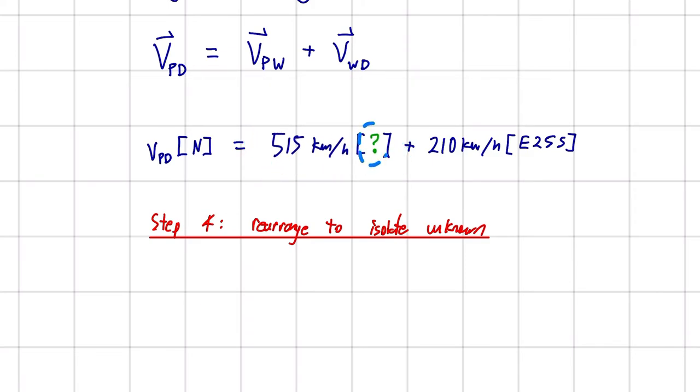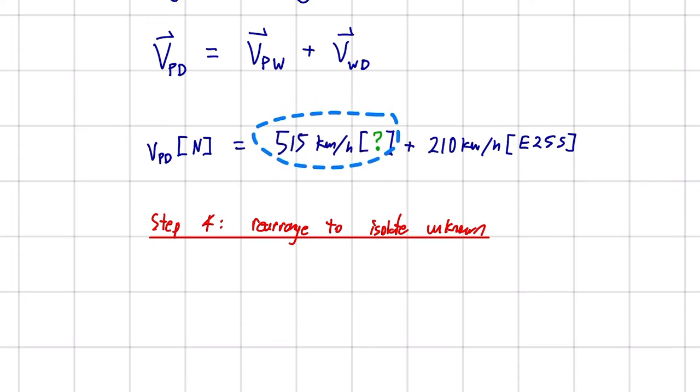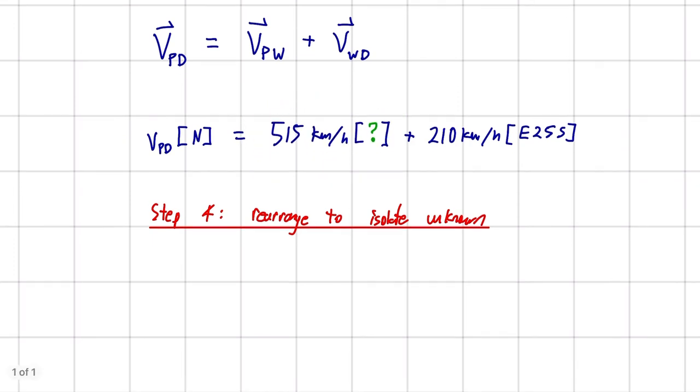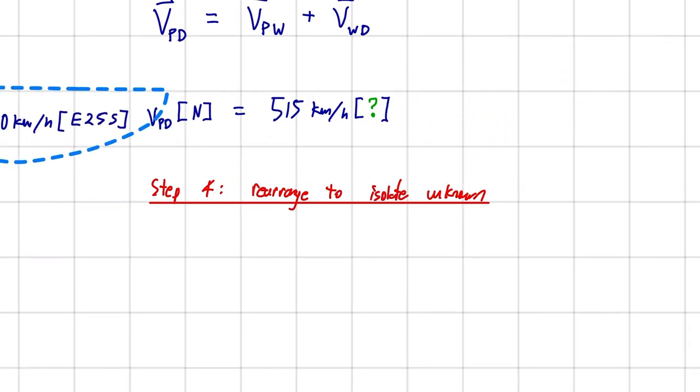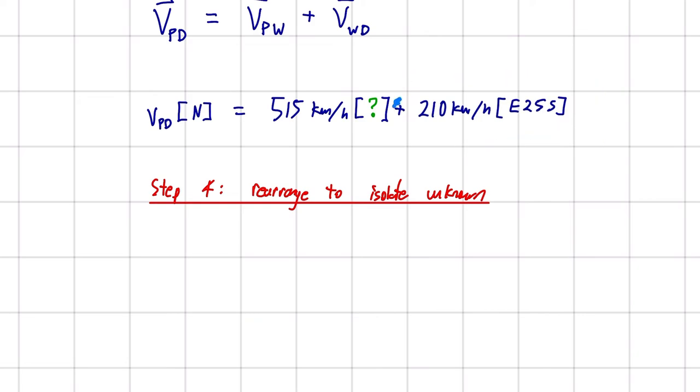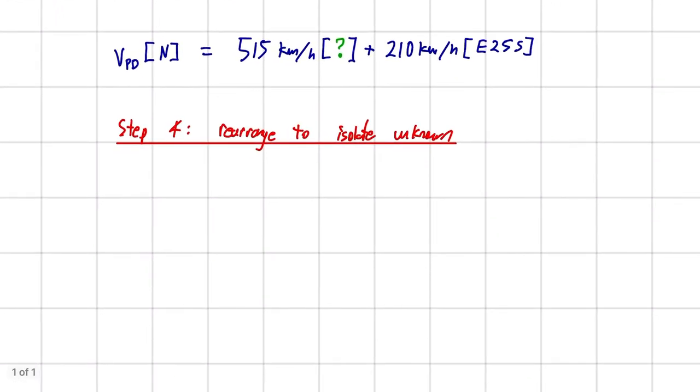We're not going to be able to isolate just the direction because this is one term. So we want to isolate this term here. So to do that, we need to bring this to the other side of the equation, and this positive is going to become a negative. So let's write that out here.